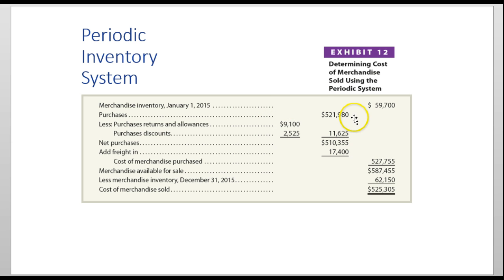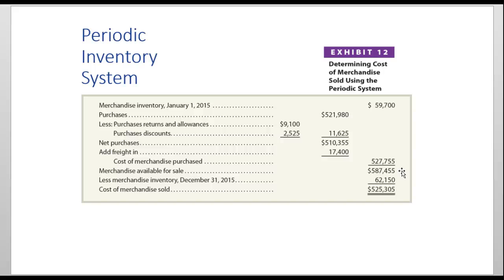In a perpetual system, we're keeping track of this all at one time as we go along. This way we're going to do it all at the end. That means I have added this much to my previous inventory. So I had available for sale during this period of time $587,455.